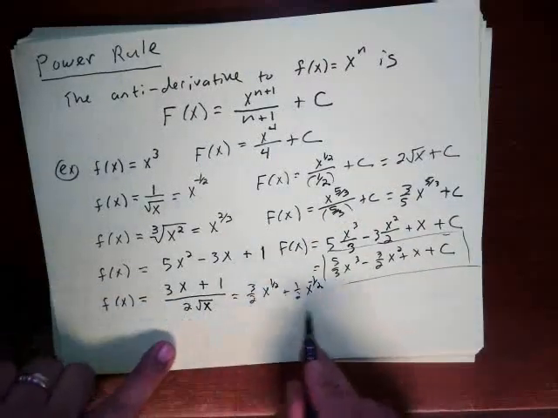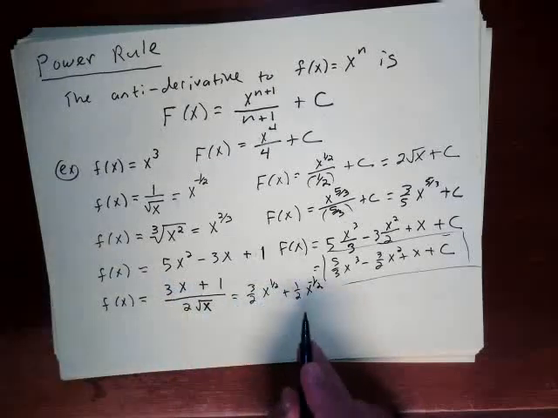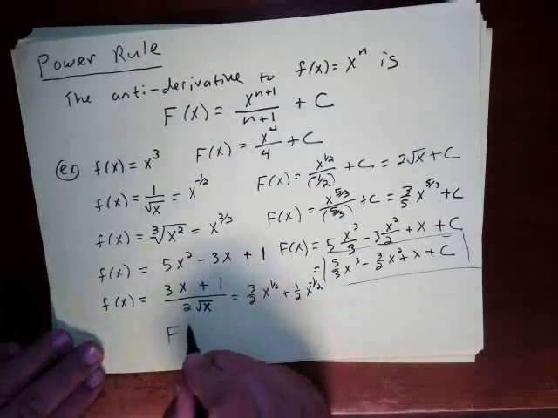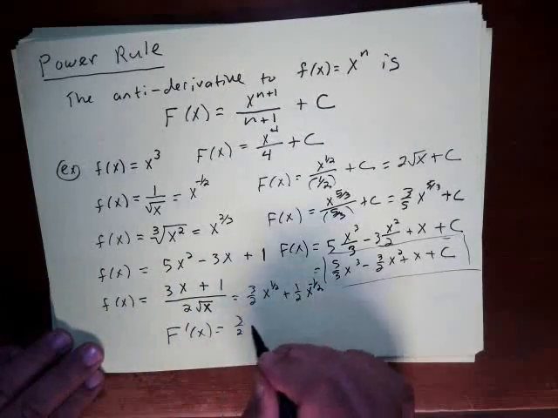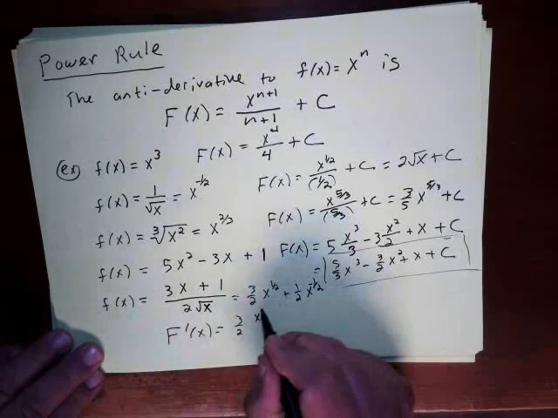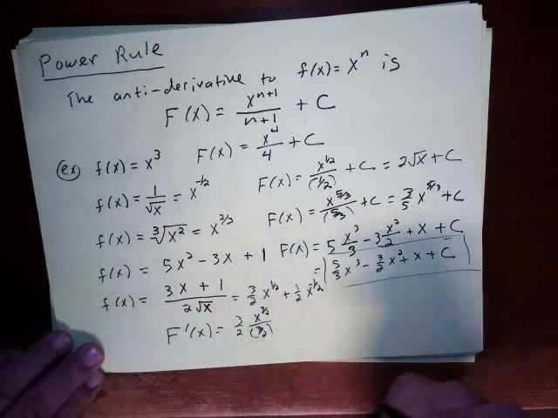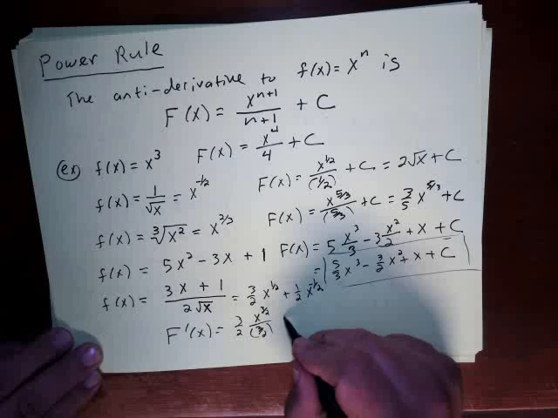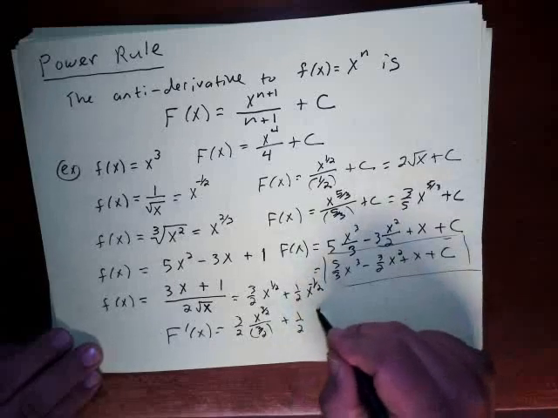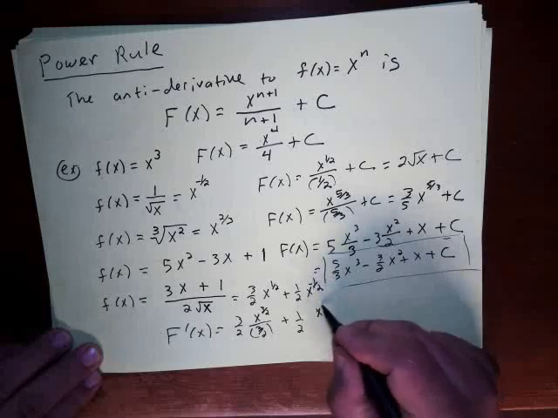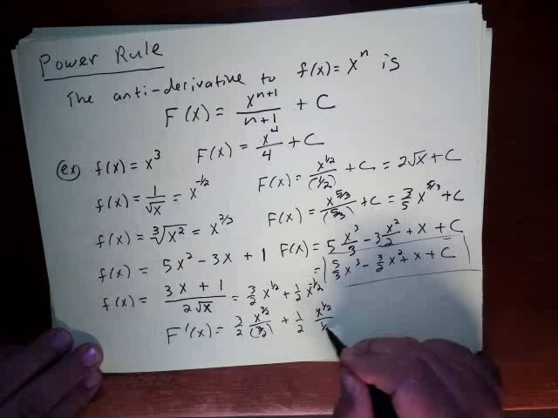So I'm taking this over that, and now I can use the power rule here, where I'd have 3/2 times x to the 3/2 over 3/2, plus 1/2 times x to the 1/2 over 1/2.